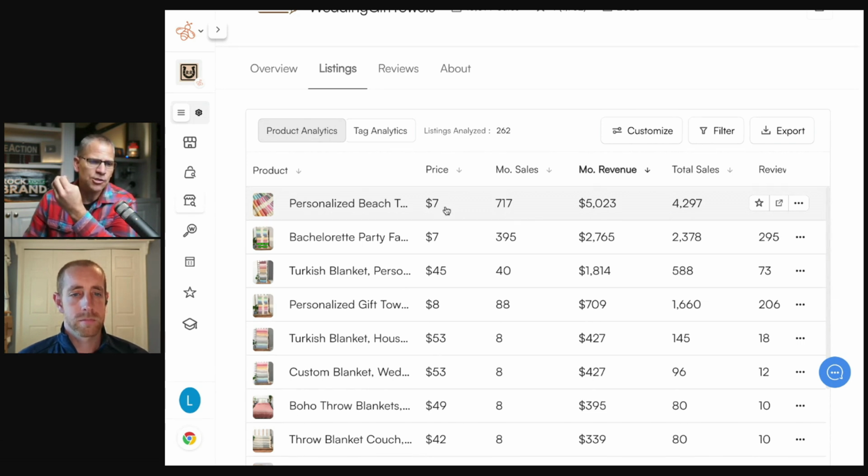And the other thing that this is doing that we don't see here is, okay, they sold 40 in a month of this one for $45. Well, who's to say that someone didn't come in from this listing and buy this, but then they also maybe bought this or this or this, because now maybe they have the bundle feature, right? That's why we talk about why you want products that could be sold together.